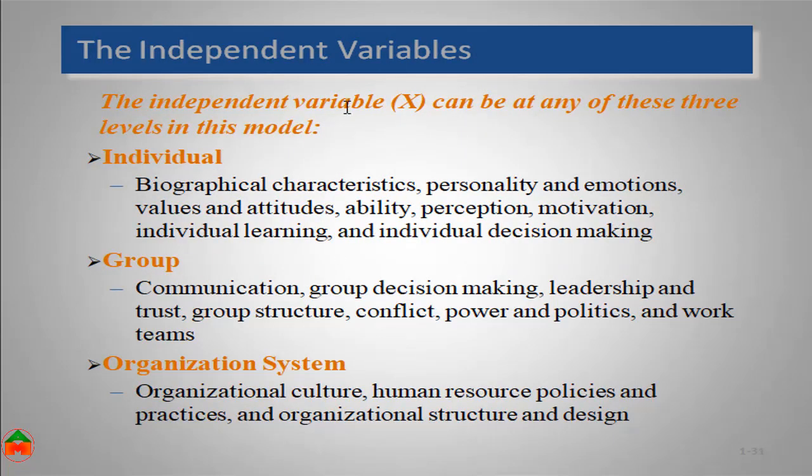And in case of independent variables, you can apply factors from individual level, group level, and organizational level. In case of the individual aspect, you can use biographical characteristics, personality, emotions, values and attitudes, ability, perception, motivation, individual learning, and individual decision making as independent variables. In case of group characteristics, you can use communication, group decision making, leadership, trust, group structure, conflict, power and politics, and work teams.